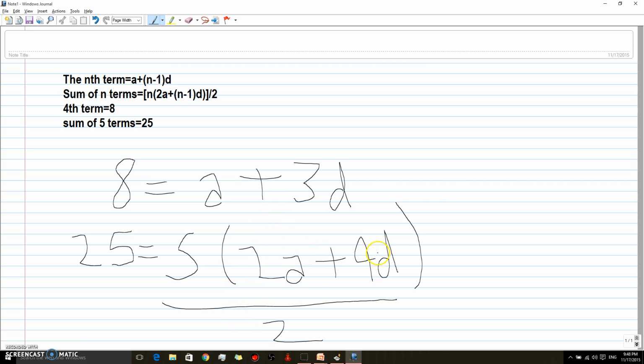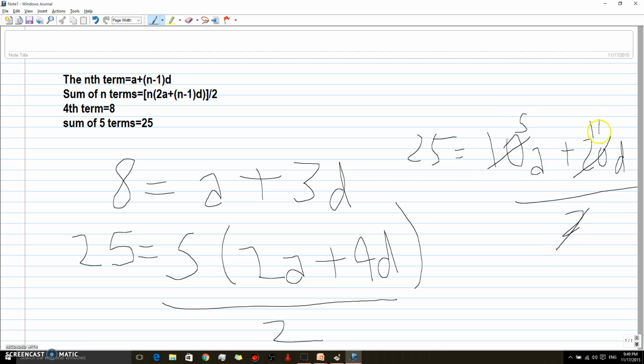Now let's simplify this second equation to make it 25 is equal to 10a plus 20d by 2, and you can cut this off to make this 5 and make this 10.